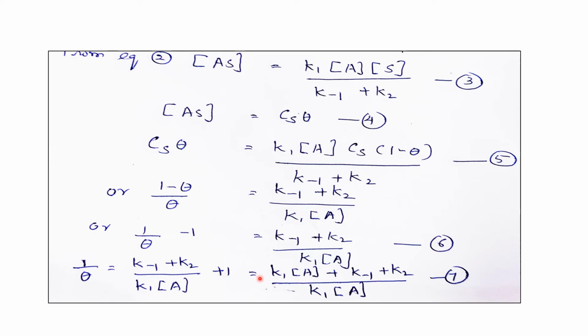That is equal to K1 into concentration of A plus K inverse 1 plus K2 divided by K1 into concentration of A.